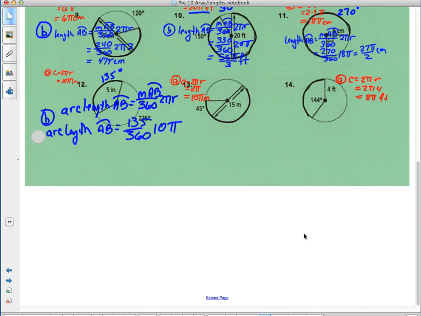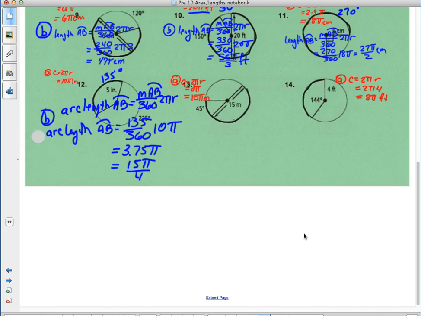So with that stuff plugged in, 135 divided by 360 times 10, and it's 3.75. So I've got 3.75 pi, but then I've got to put it in my fraction, and it's 15 pi over 4.